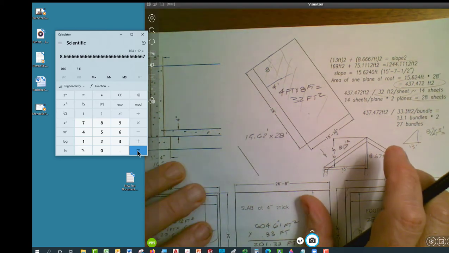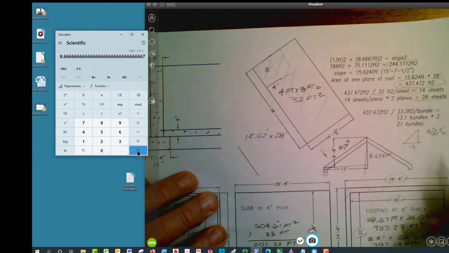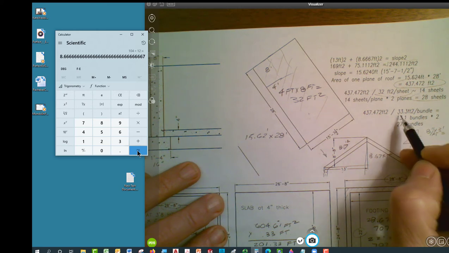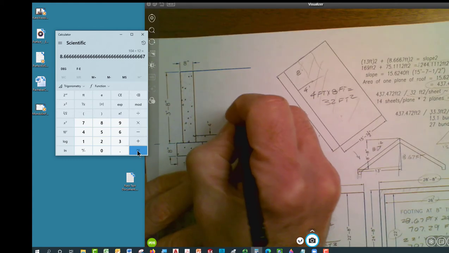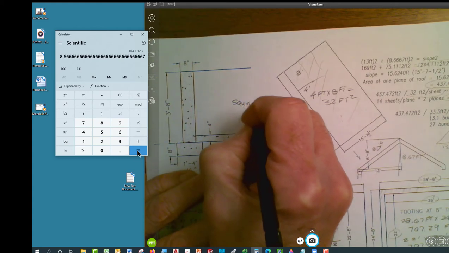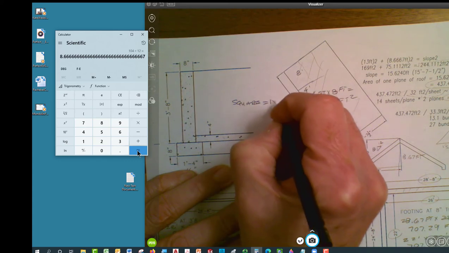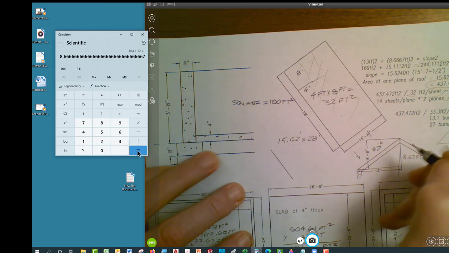Now as far as shingles go, one bundle of shingles is 29 individual shingles. One bundle covers a third of a square. A square, in building terms, equals 100 square feet. That's what's meant by a square.